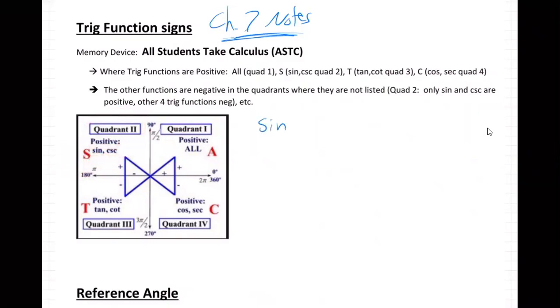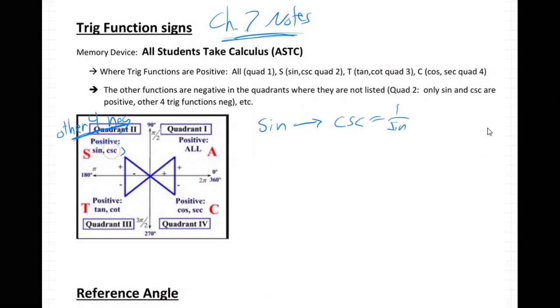So we have sine, and then his upside down is cosecant. Cosecant is 1 over sine. So they go together. They're both positive in quadrant 2, which means the other 4, I'll write it here, the other 4 are negative.